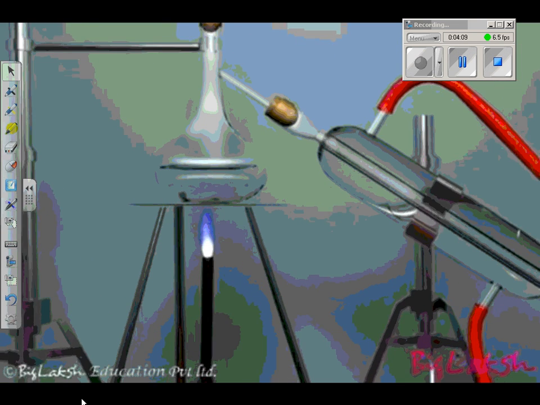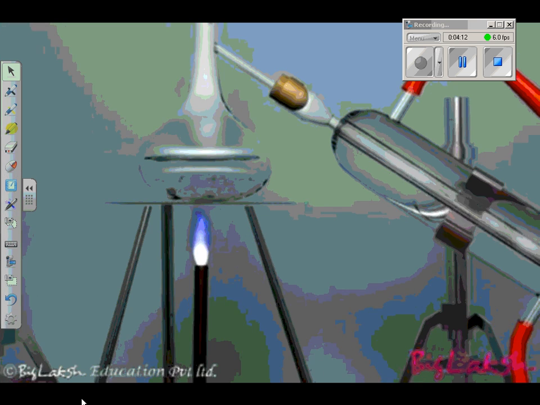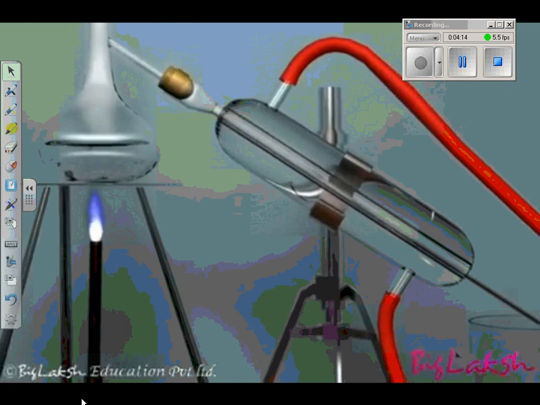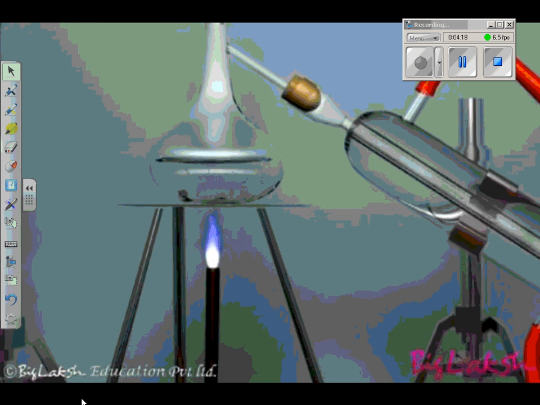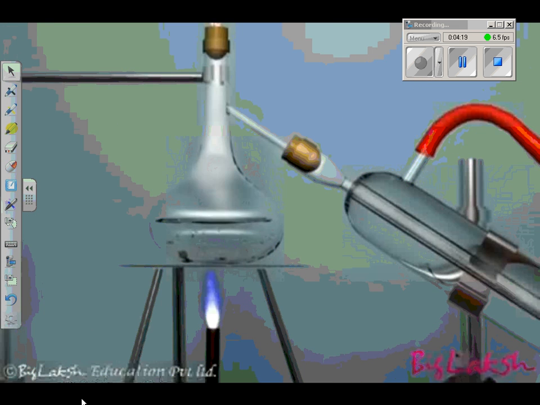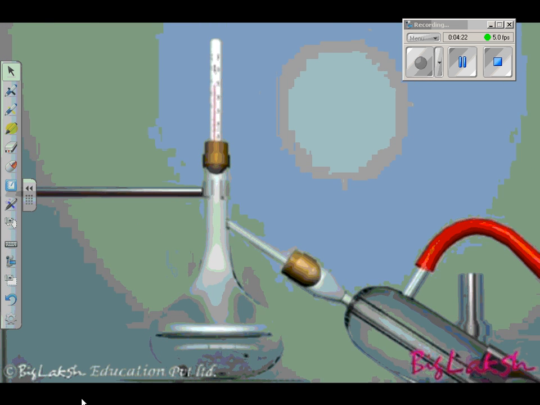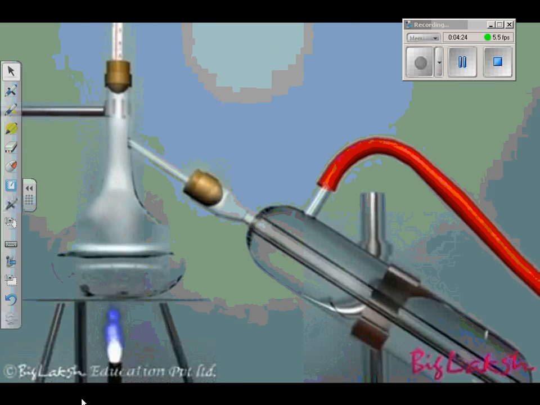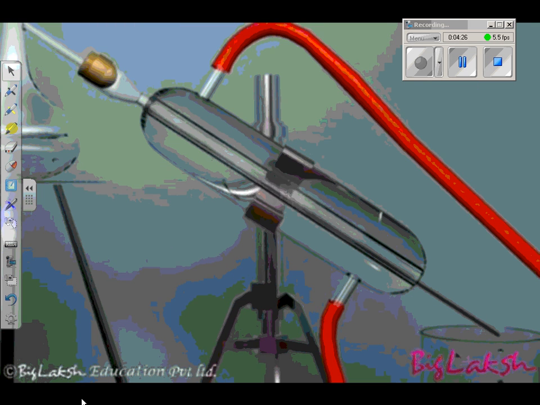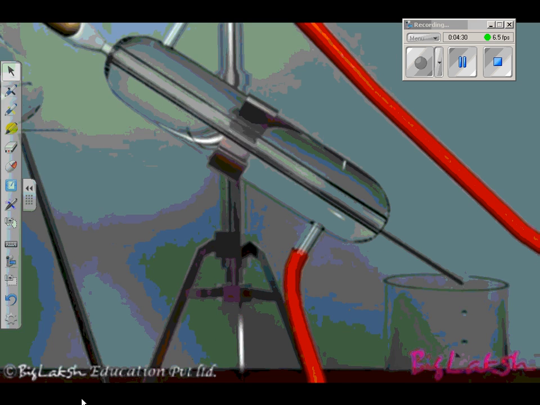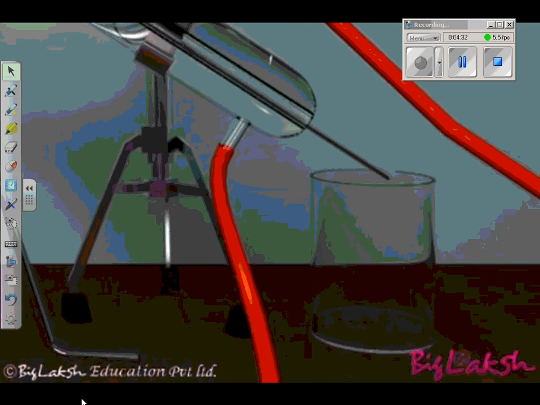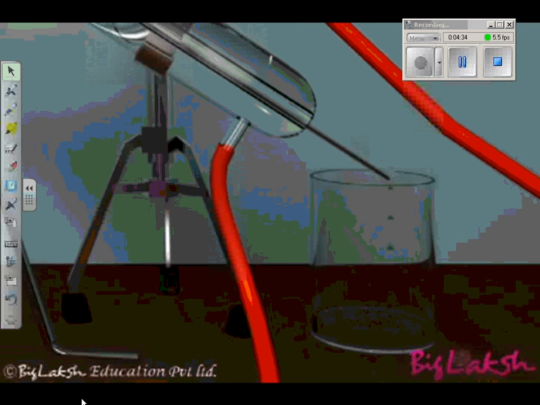The process involves heating the liquid until boiling and then capturing and cooling the resultant vapors. The separation of liquids is usually achieved at their respective boiling points. The more volatile component vaporizes at its boiling point and then condenses in the condenser, while the other component is left behind in the distillation flask. Thus, separation of the mixture is achieved.